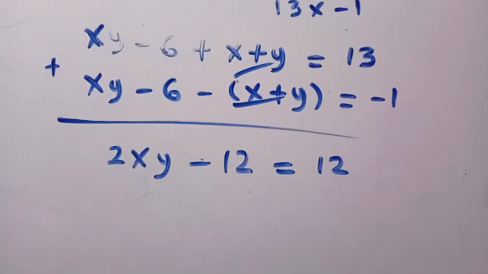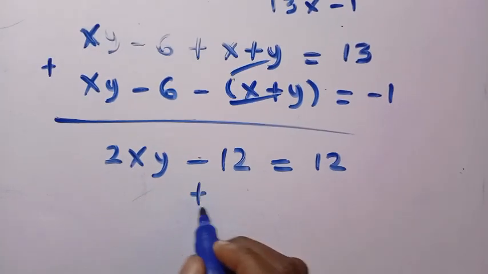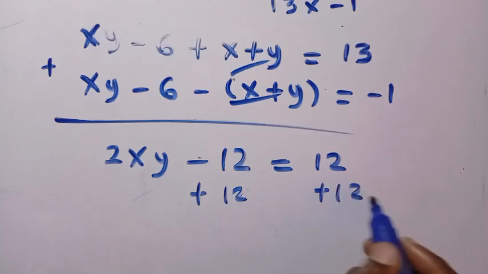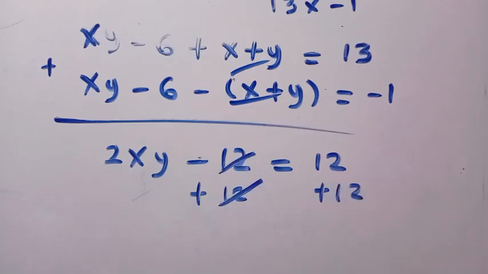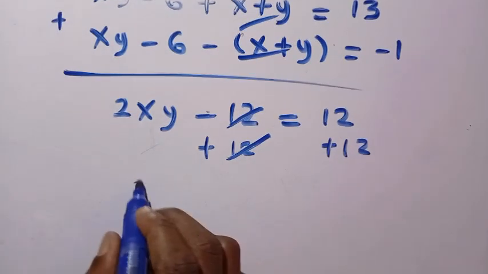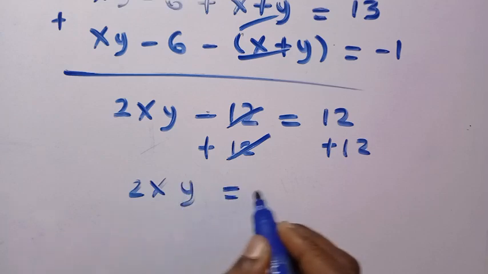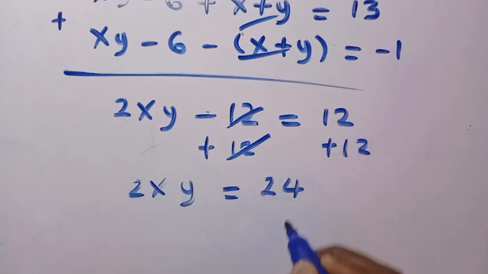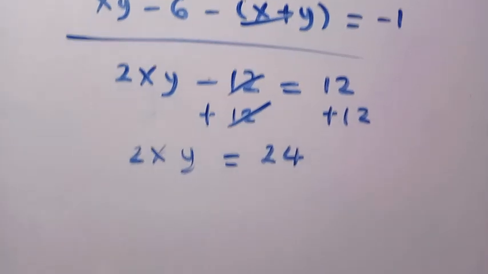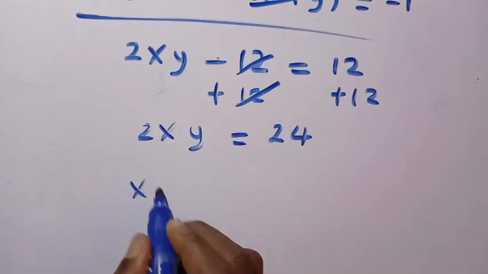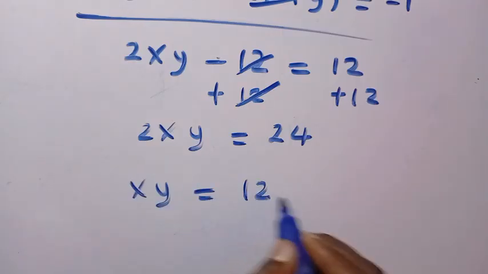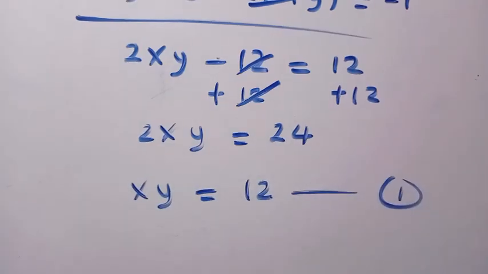By adding 12 to both sides, we are going to have plus 12, here is plus 12. This cancels, and we have 2xy equals 24. And by dividing both sides by 2, we have xy equals 12. So this is our equation 1.